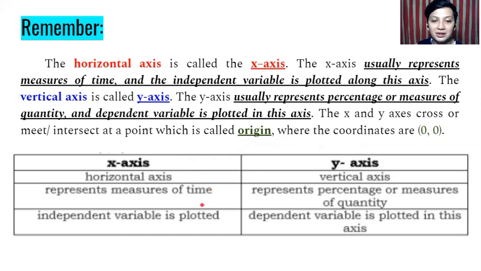Horizontal axis represents measures of time. Independent variable is plotted. While y-axis is the vertical axis, represents percentage or measures of quantity. And dependent variable is plotted in this axis. So, you can differentiate the two between these definitions.